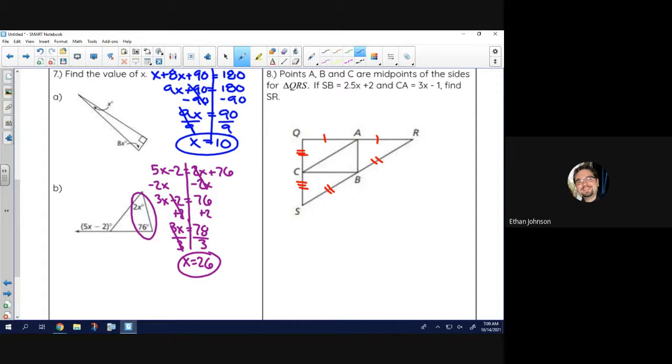It says if SB is 2.5x plus 2, and CA is 3x minus 1, find SR. So by the mid-segment theorem, I know that CA equals half of SR. So I kind of want to know what CA is.